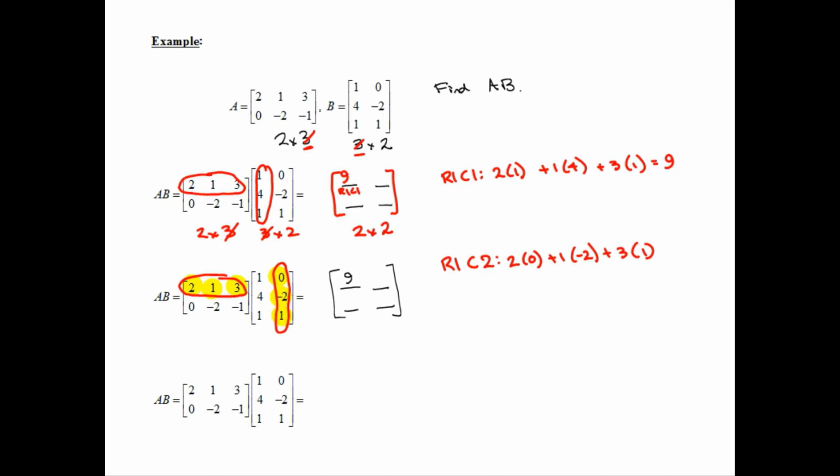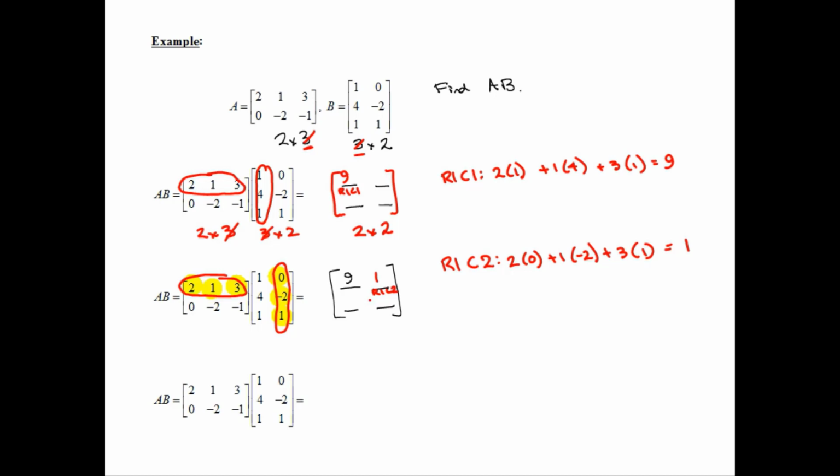So we simplify that and we end up with negative 2 plus 3 is 1. And so I'm going to stick that 1 in the row 1, column 2 slot right here.